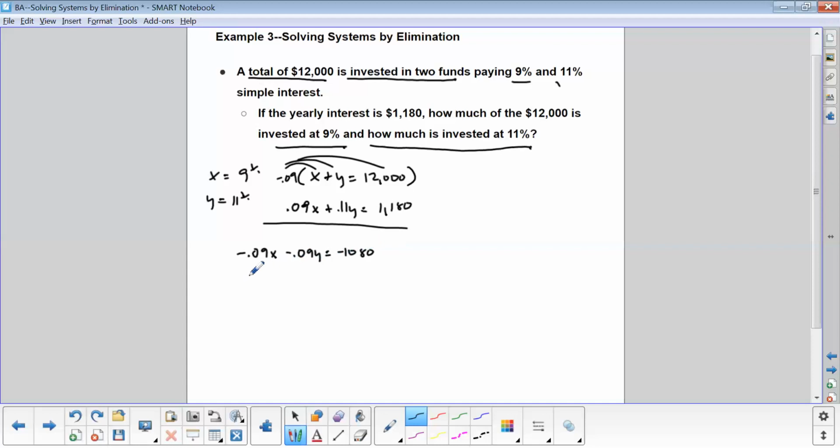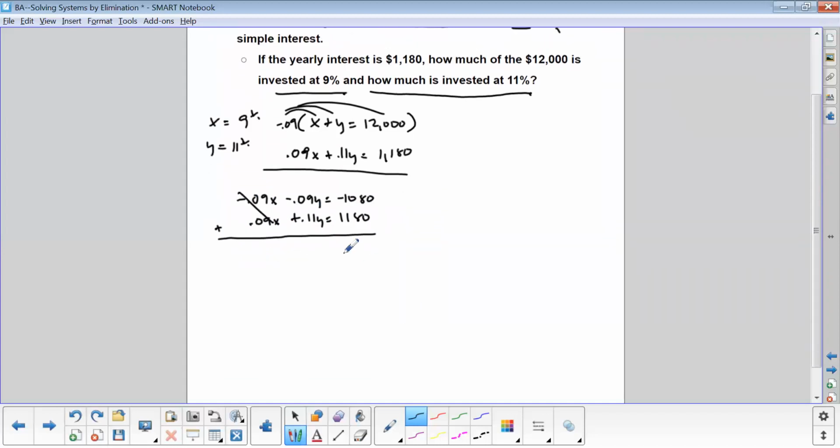And then I'm just going to rewrite the second equation. And now that I'm going to add those, I said I was going to eliminate X. Notice the signs are different, so I can add those together, and that'll go to a zero pair. And this would be 2 hundredths Y. And that should be 100.